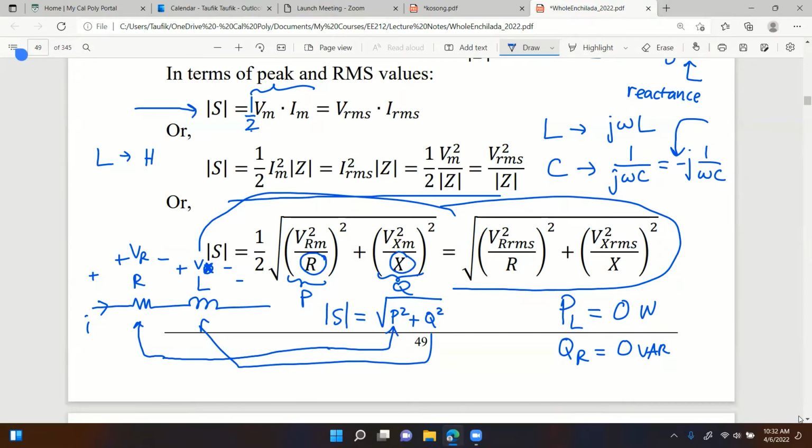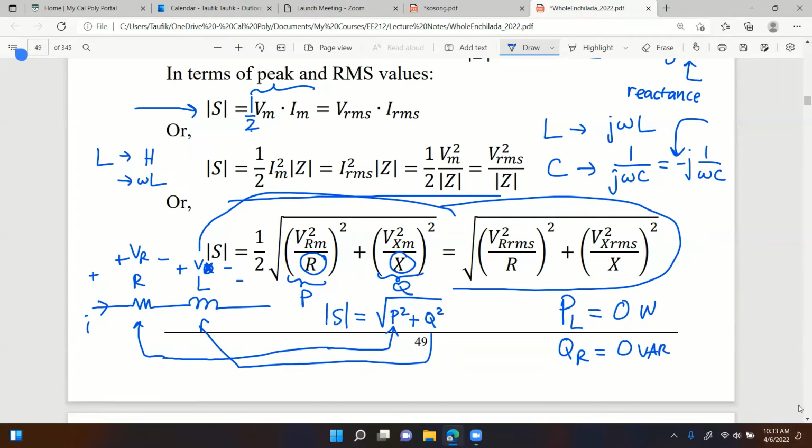So you have to convert L to ohms. How? It's omega L, that's equal to X. So be careful again, if you are using voltage, then use individual voltages to find P and Q. If you use RMS, then the 1/2 disappears. But same thing, you have VR squared over R, VX squared over X.